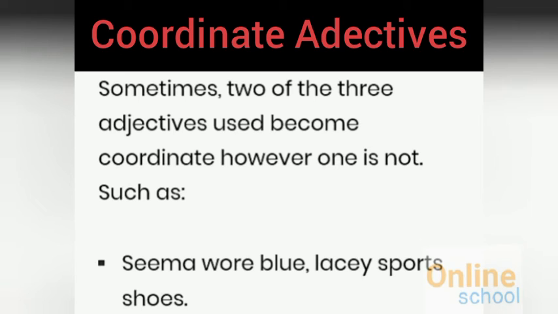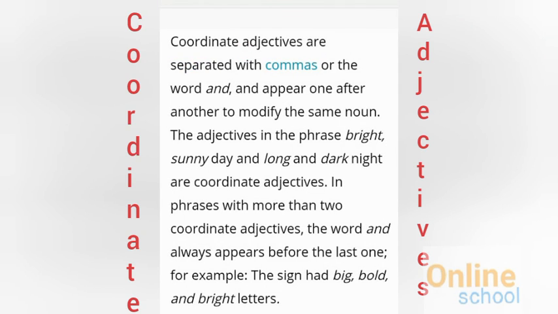However, one is not, such as: a blue lacy sports shoe. Coordinate adjectives are separated with commas or the word and, and appear one after another to modify the same noun. The adjectives in the phrases bright, sunny day and long and dark night are coordinate adjectives.